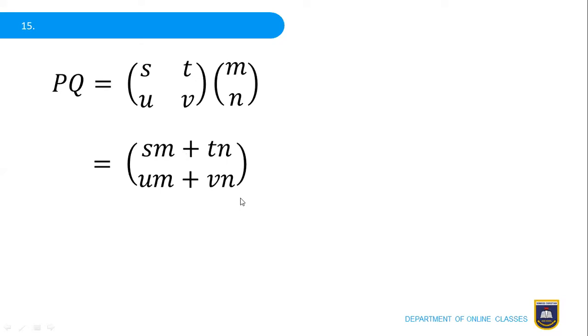So if you multiply a square matrix by a column matrix, your answer will be a column matrix or a vector. Let me take it again. When you multiply a 2 by 2 matrix by a column matrix or a vector, your answer will be a vector.